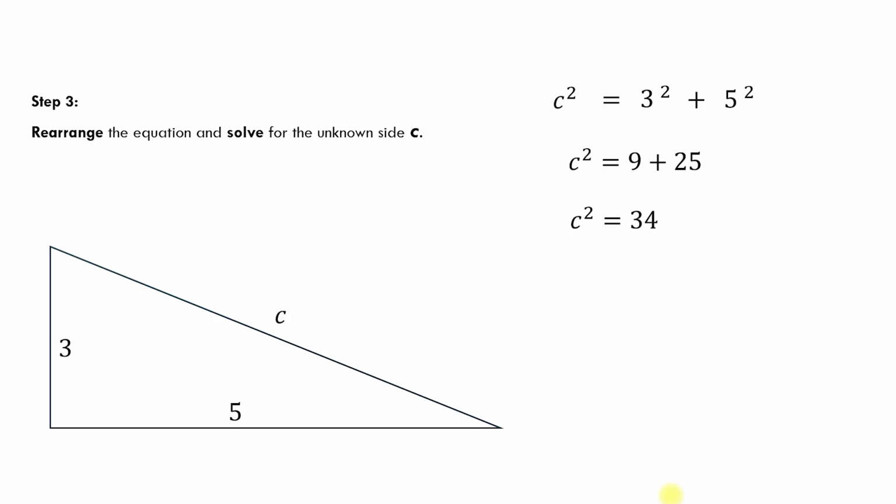So if we take the square root of that C squared, it will become C. But what we do on the left-hand side, we have to do on the right-hand side. So the square root of C squared will be equal to the square root of 34. So the square root of C squared is C, and the square root of 34 is 5.83. We now have a value for our hypotenuse.